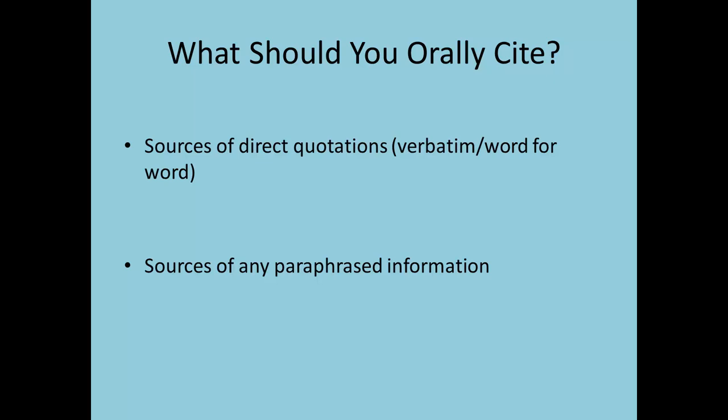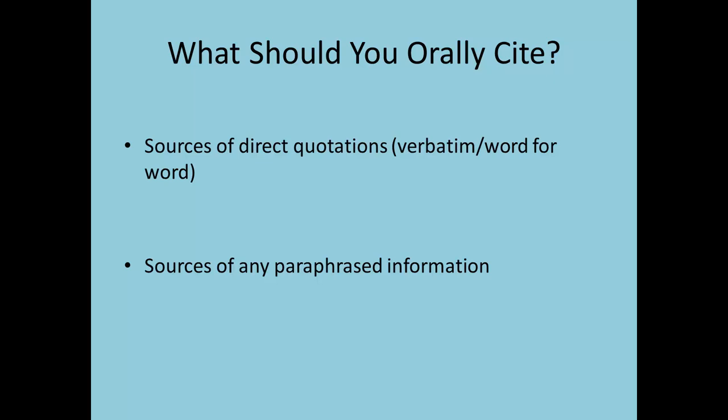But whenever you are taking information that is not common knowledge and that is not your own, you should use an oral citation, whether it be a direct quote or paraphrasing information.